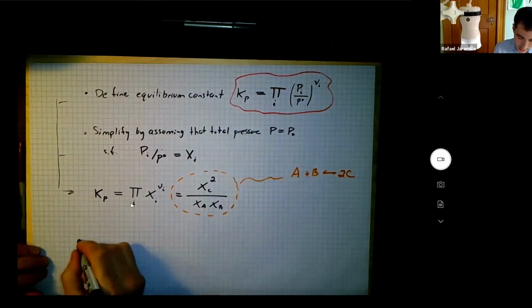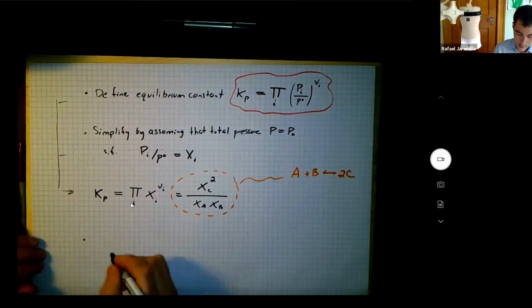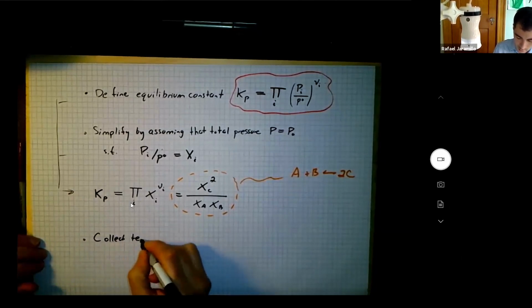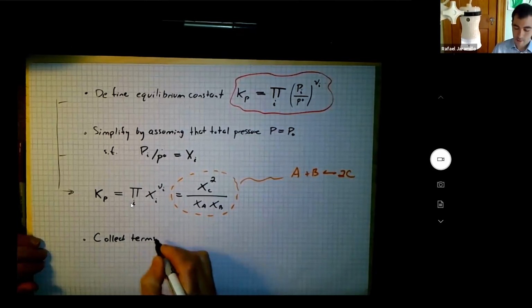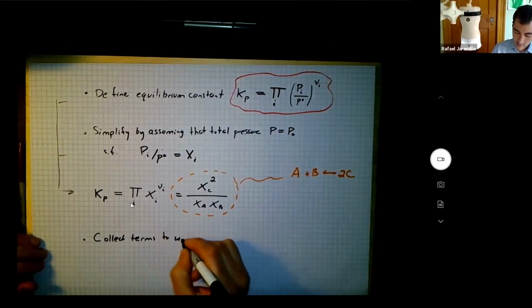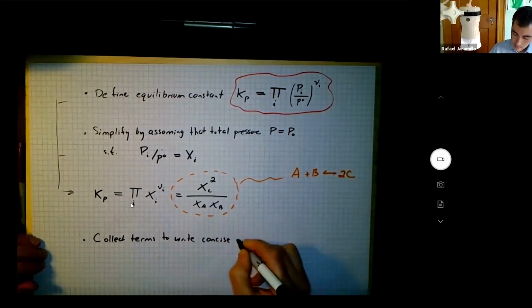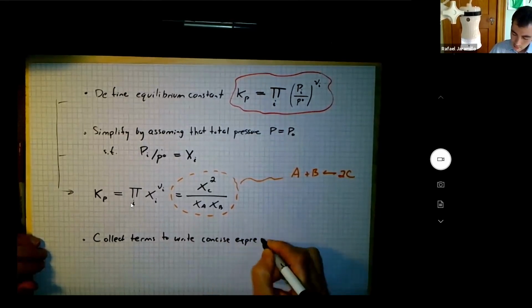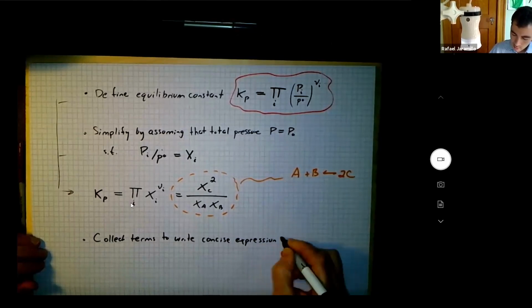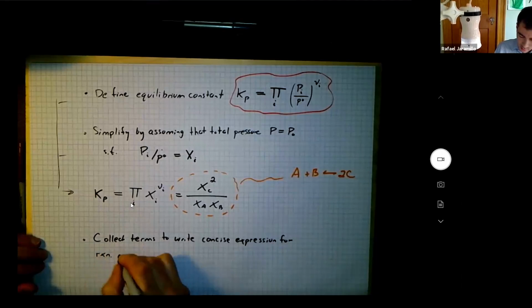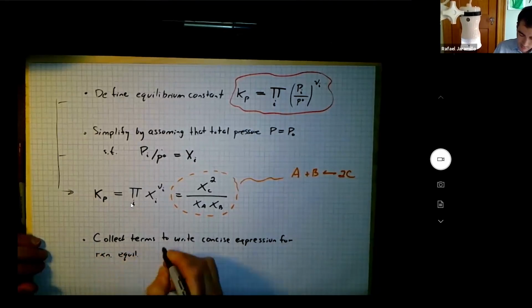One more simplification, and then I'm going to stop and ask for questions. We're going to collect terms to write a concise expression for the reaction equilibrium constant.